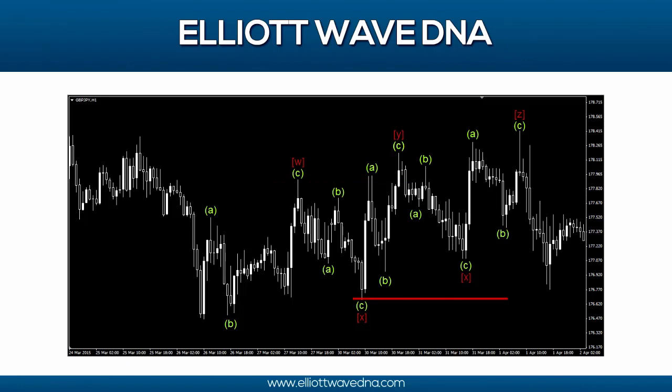Wave X2 needs to end above the ending point of the wave X1. Also true. And the final rule is that the wave Z needs to end above the ending point of the wave Y.